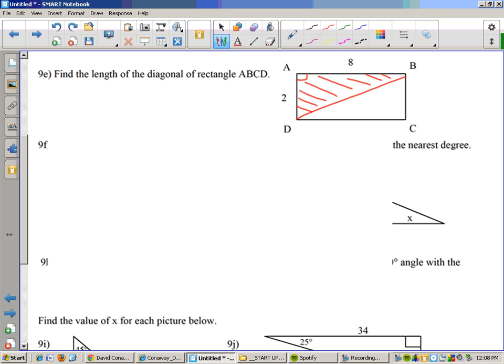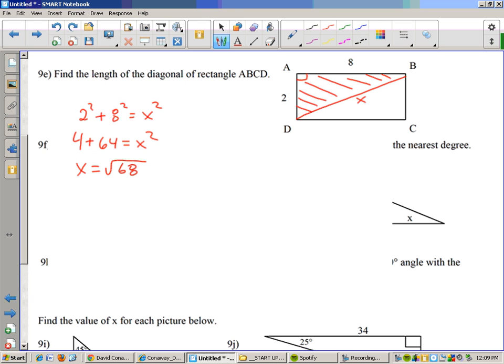And if that's a right triangle, can I find x? What am I going to use? Pythagorean theorem, 2 squared plus 8 squared equals x squared. 4 plus 64 equals x squared. X equals the square root of 68. And that's going to be what? 2 times 34.